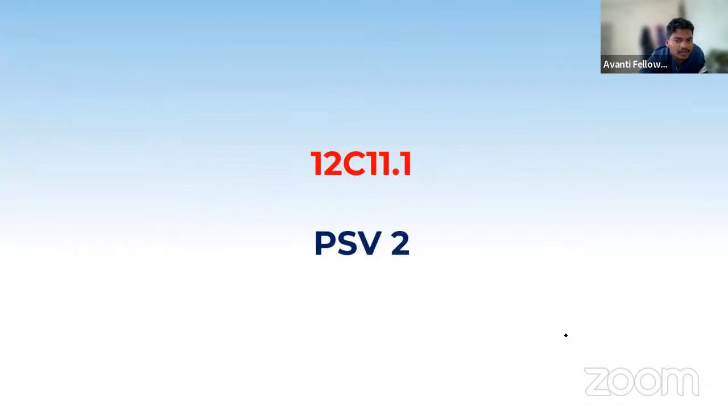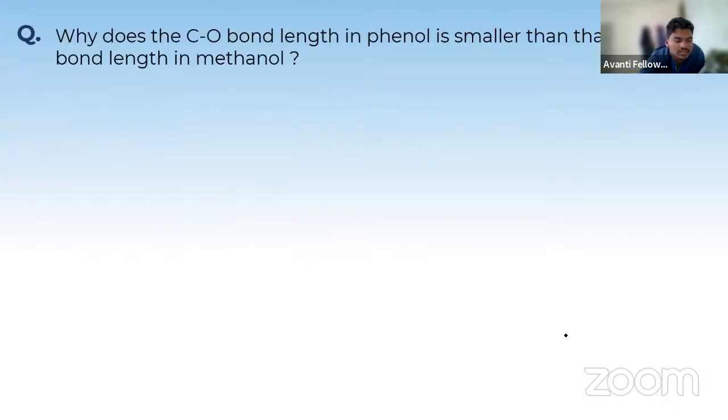Try to solve this question. Why is the CO bond length in phenol smaller than that of the CO bond length in methanol? Try to answer. This is an NCERT question. Two minutes time.